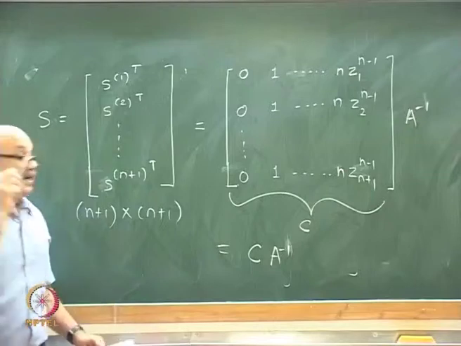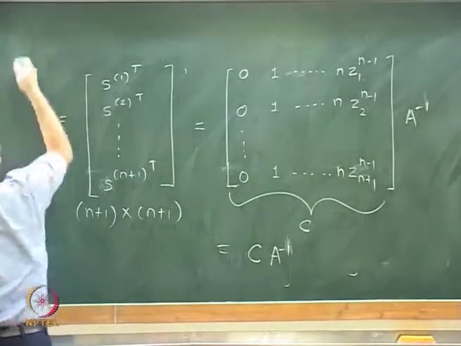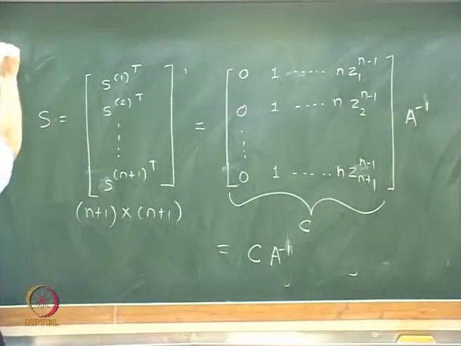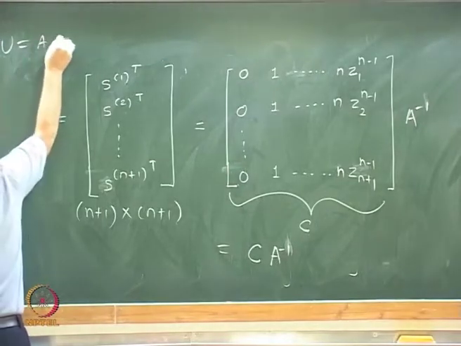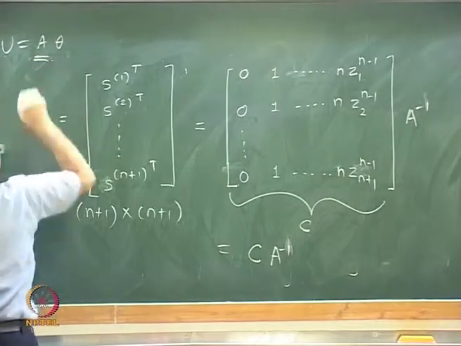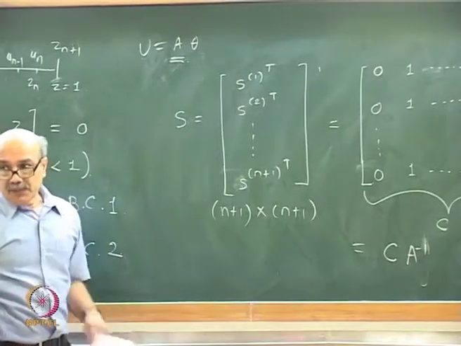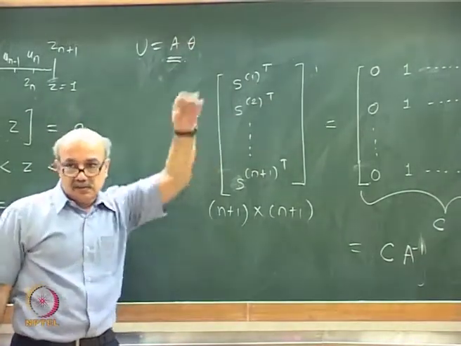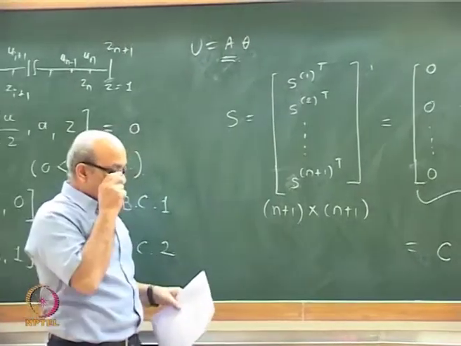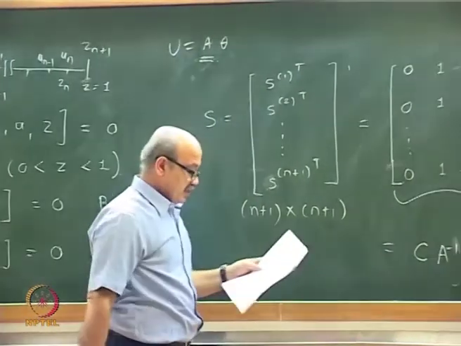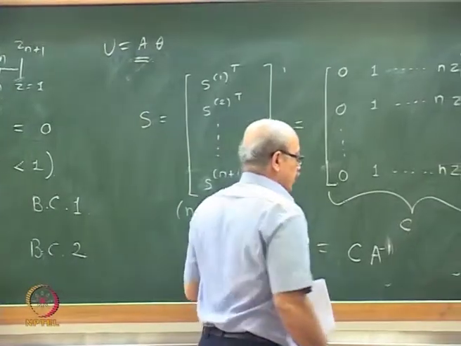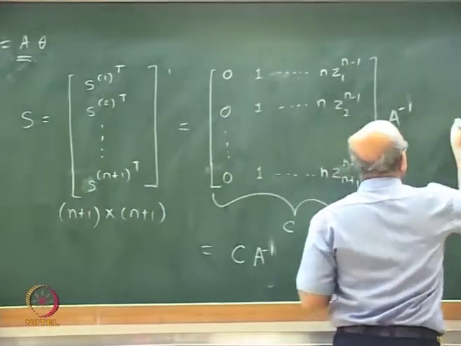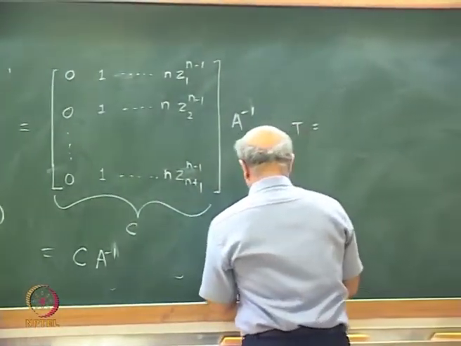Just keep it in the background that we had this equation, U is equal to A theta. So the A matrix is defined using 1, Z1, Z2 and so on. Likewise, I am also going to define this T matrix.